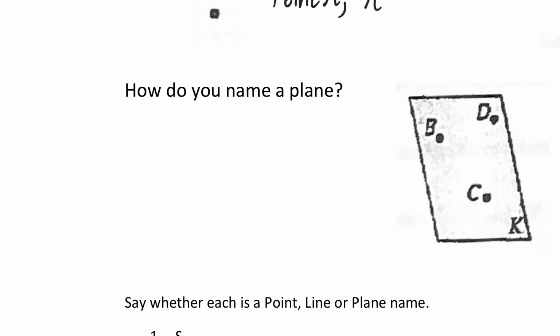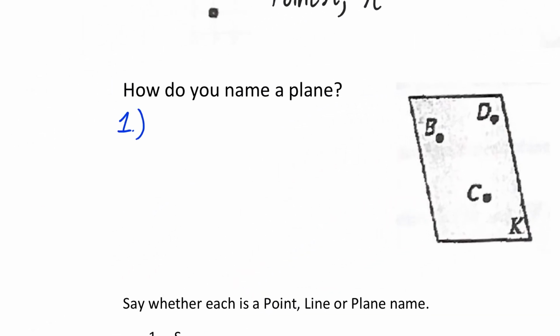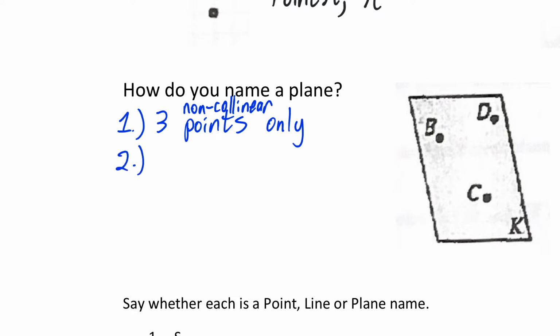Okay, next, how do you name a plane? There's 2 different ways to name a plane. Number one is to use 3 points, and actually we need to say this, 3 non-collinear points only. And the second way to name a plane is if there is an uppercase cursive letter.